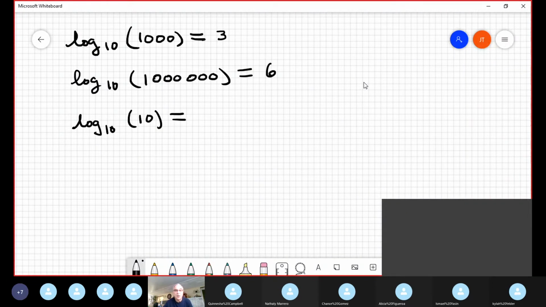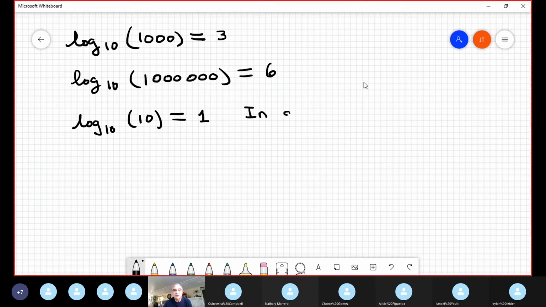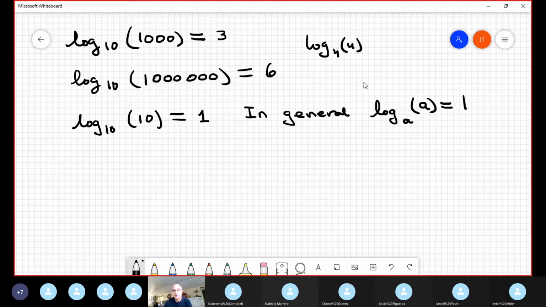Entonces, in general, when you have the logarithm of any base and the number inside the argument, inside the parenthesis, is exactly the same as the base, the answer is 1. So in other examples, logarithm base 4 of 4 is 1. Logarithm base 5 of 5 is 1. When the base and the number inside the argument coincide, it's 1.